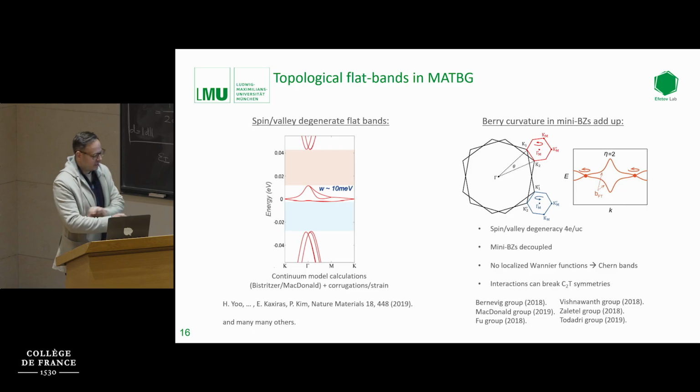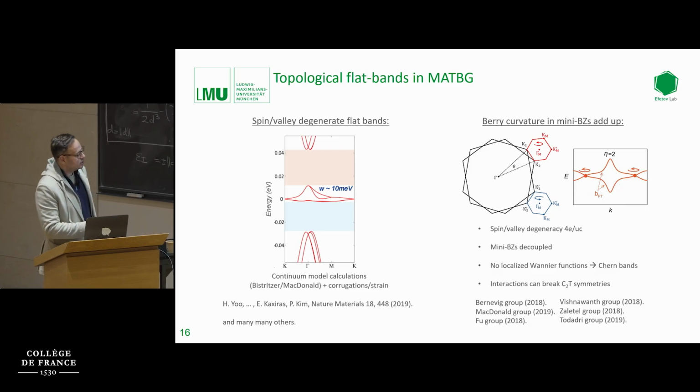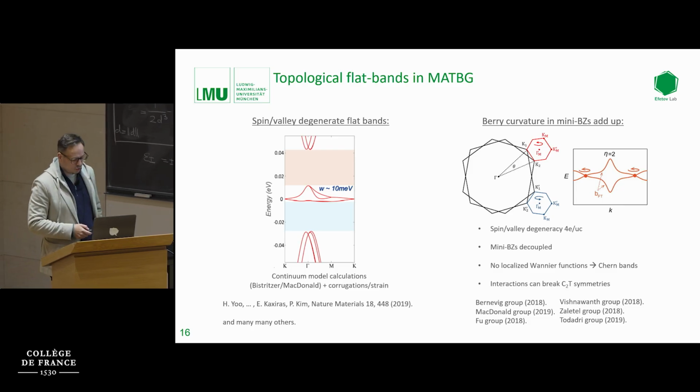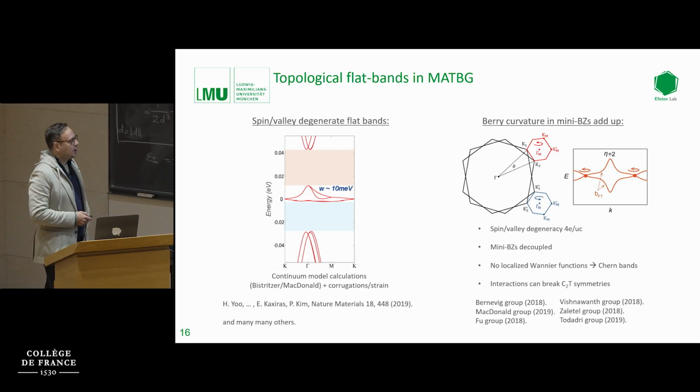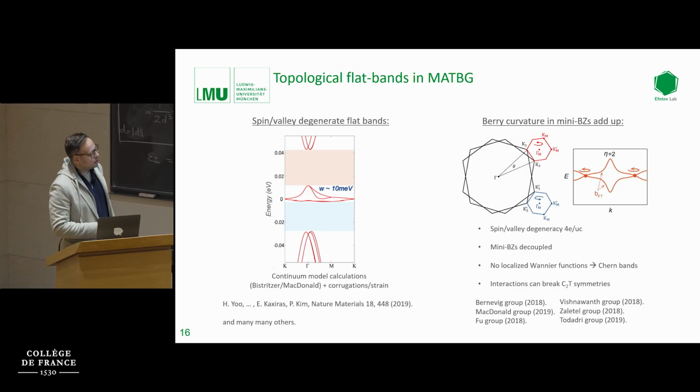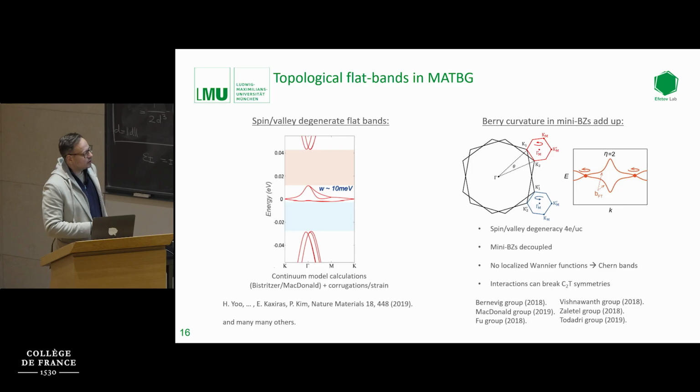Another very important aspect is, as I said, these mini Brillouin zones, which are created due to the twisting. Each of these two independent Brillouin zones originates from the same K valley on the top and bottom layer. So this mini Brillouin zone contains the Berry curvatures of the K point of the top layer and the K point of the bottom layer.